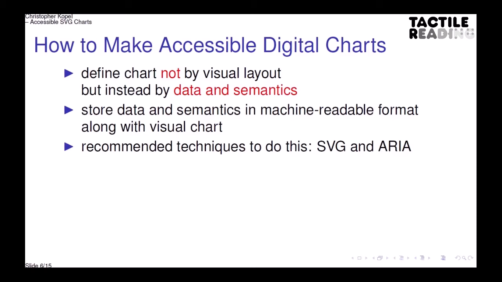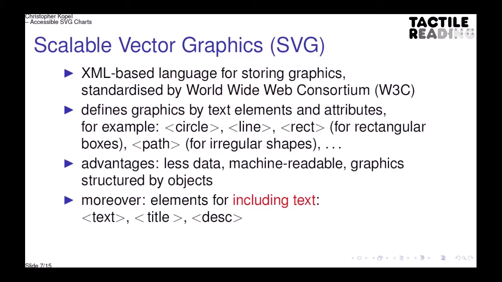There are several ways to do this, but a recommended way is to use SVG and ARIA. So what's that? SVG stands for Scalable Vector Graphics, and has been standardized by the World Wide Web Consortium, W3C.